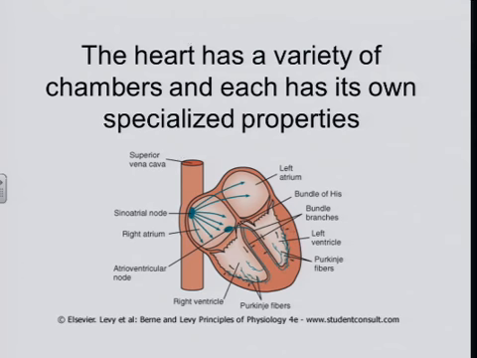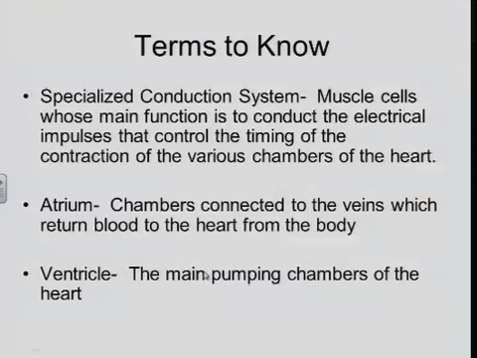And these are specialized muscle cells. They're not nervous system cells. Specialized muscle cells that spread that excitation to all regions of the heart, so you get a nice uniform contraction. That is, as long as you don't have an abnormality like bundle branch block, in which case one part of your ventricle contracts at a very different time than other parts and it works very inefficiently as a pump.